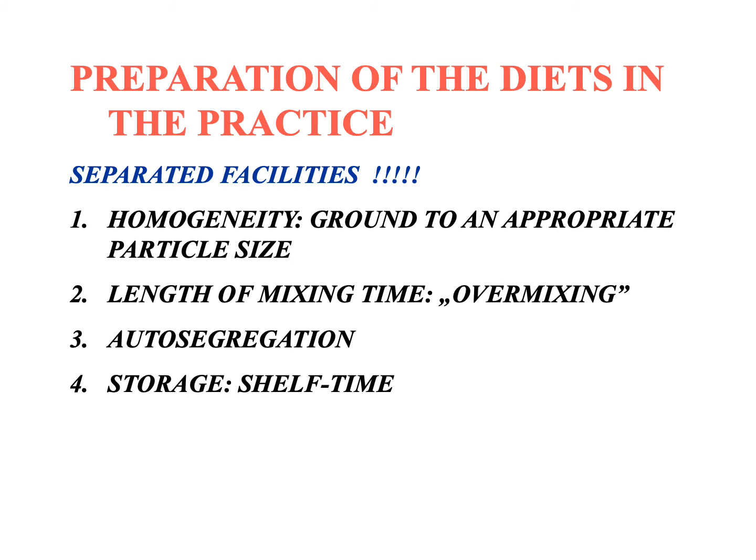Rule 1, homogeneity, ground to an appropriate particle size, like 0.2, 0.4 millimeter of diameter. Rule 2, length of mixing time, no overmixing, no over 20-30 minutes. Rule 3, avoid auto-segregation during the transport, for example, and the storage and shelf time should be given.